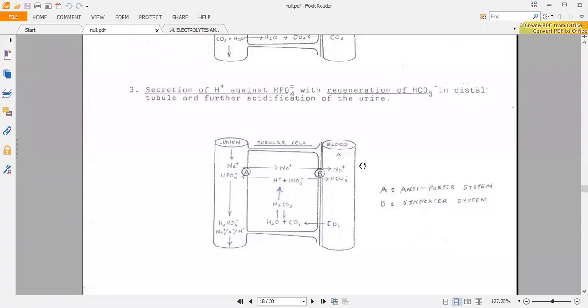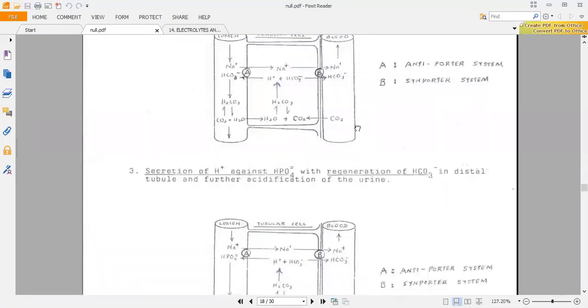That one is filtered from the Bowman's capsule. So that is filtration. And then we also have secreted H plus. For the secreted H plus, the renal cells are the ones secreting the H plus. The ones which secrete the H plus also regenerate bicarbonates.